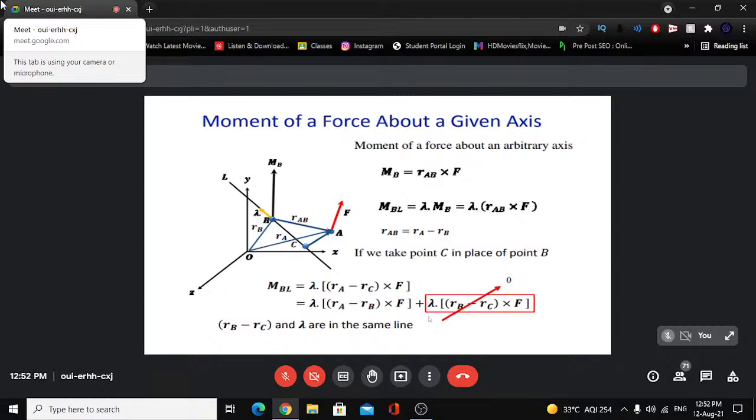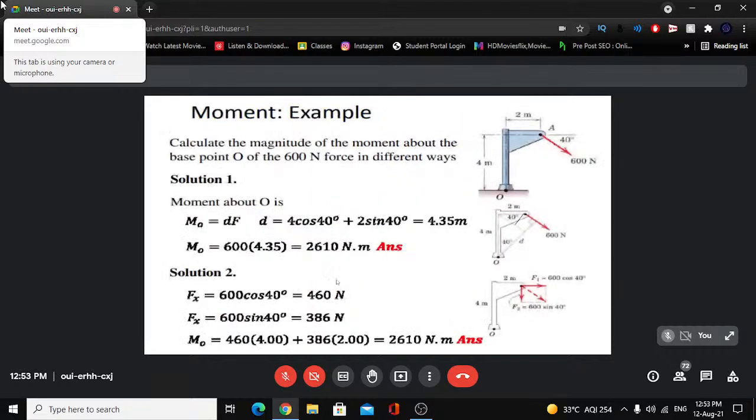Then what remains is lambda dot (RA minus RB) cross F, which is MBL. So MBL is the same as we obtained here. It means if we shift the point of calculation of moment about an axis anywhere on that line, the moment remains invariant. That is one important point here.